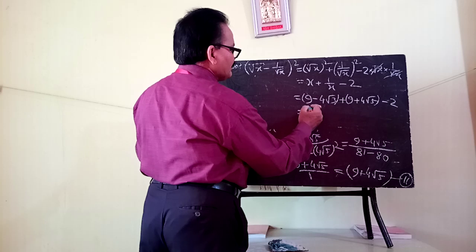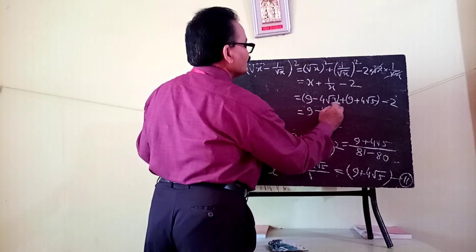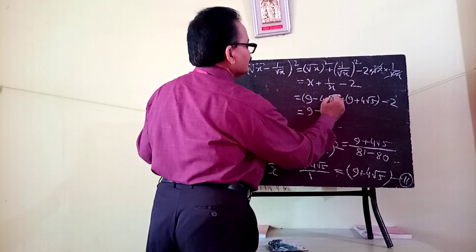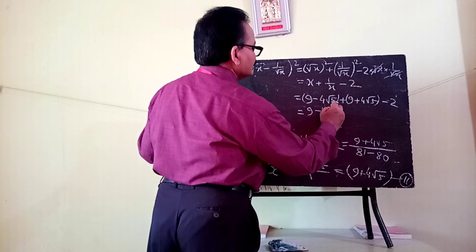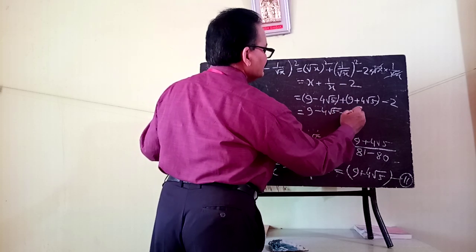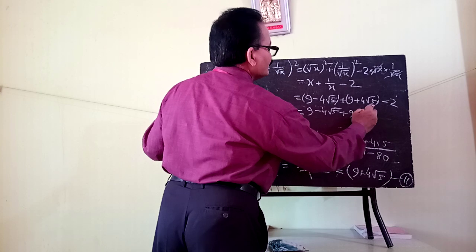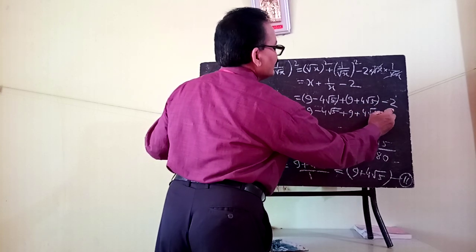Open the bracket: 9 minus 4 root 5 plus 9 plus 4 root 5 minus 2.